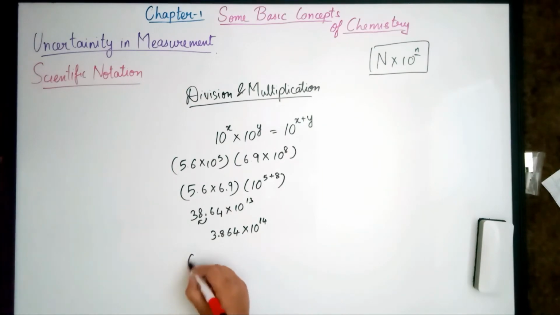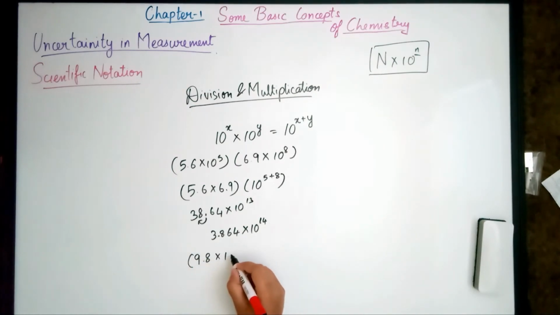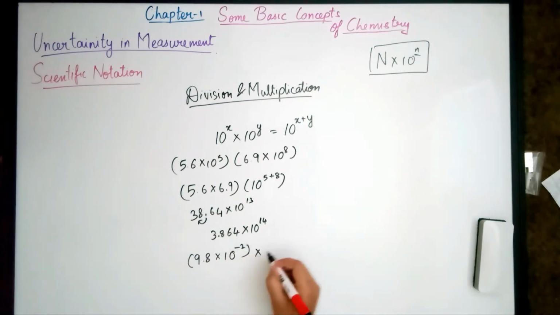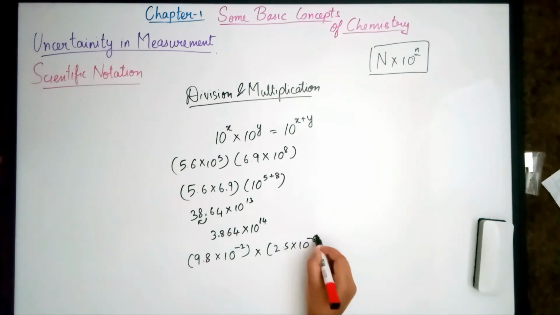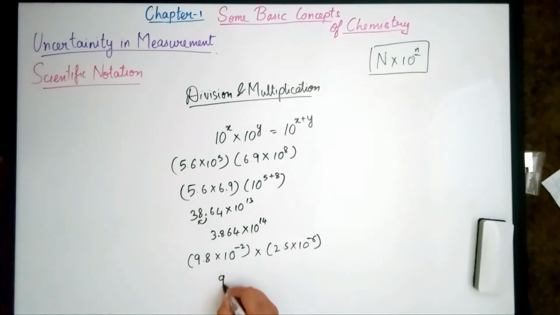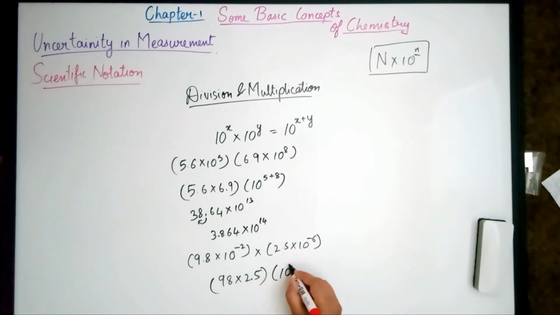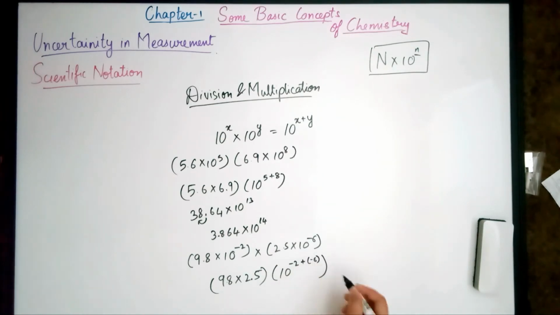Then let's take another example. 9.8 into 10 to the power minus 2 into 2.5 into 10 to the power minus 6. So 9.8 into 2.5, I'm taking those out separately. And 10 to the power minus 2 plus minus 6. And as we know, minus into plus is minus.